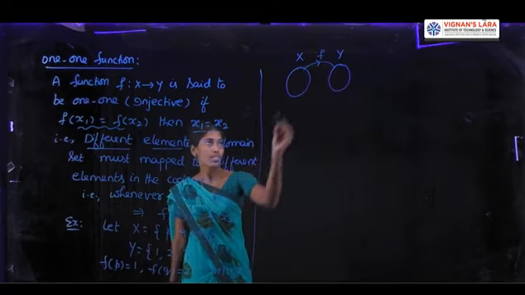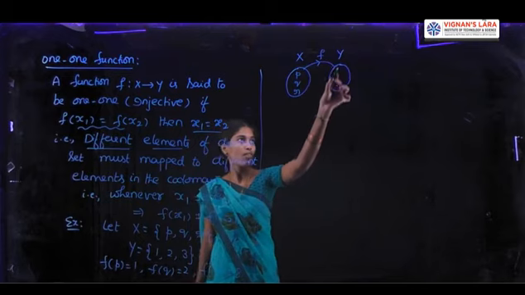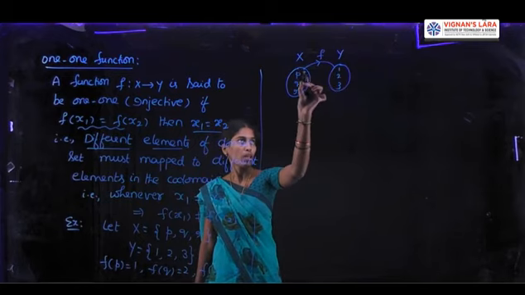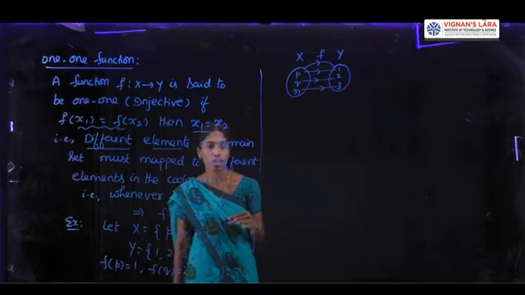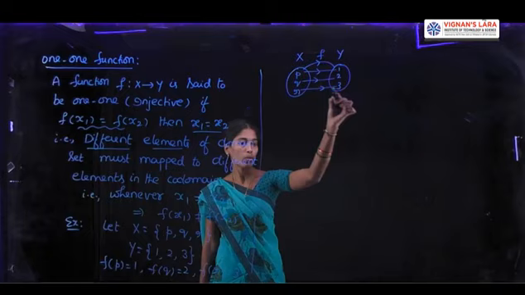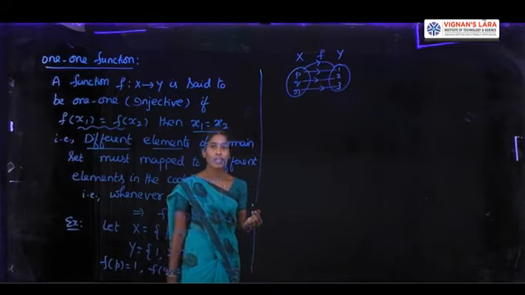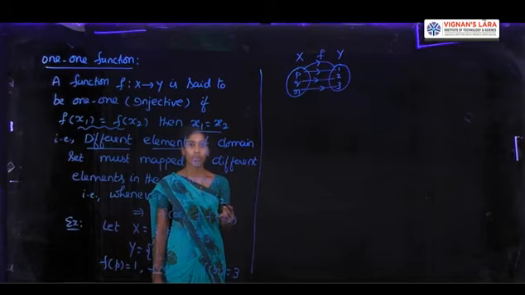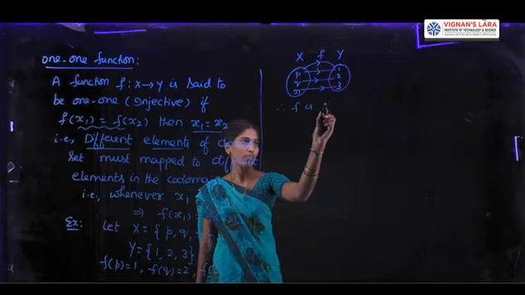So, x consisting of elements p, q, r, y consisting of elements 1, 2, 3. If p is mapped to 1, q is mapped to 2, r is mapped to 3, that is, different elements of domain are mapped to different elements in the codomain. Different elements of domain have different images in the codomain. Therefore, f is a one-one function.